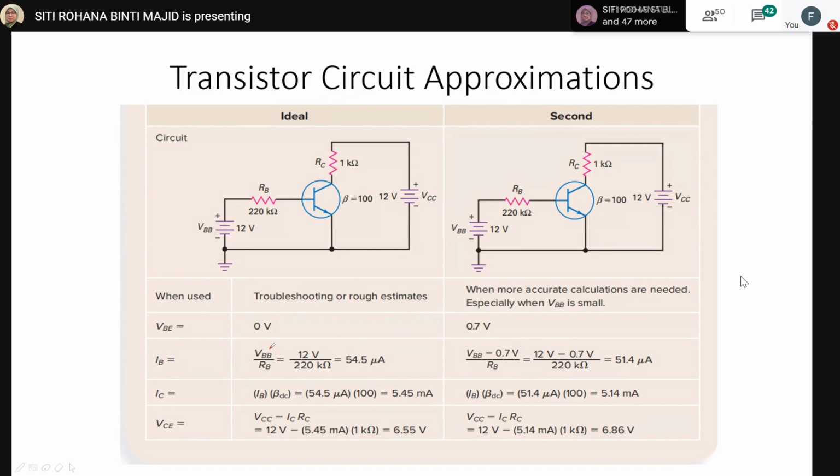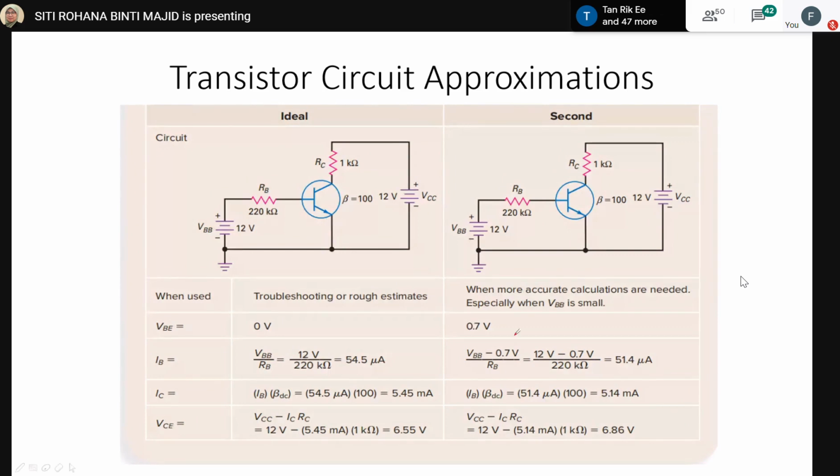We use the simple formula to calculate IB based on the loop, which is VBB over RB, and there is no other influence or factor controlling this VBB.